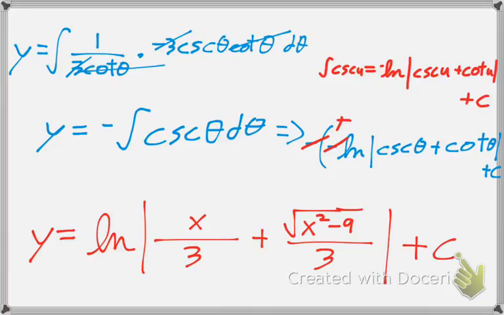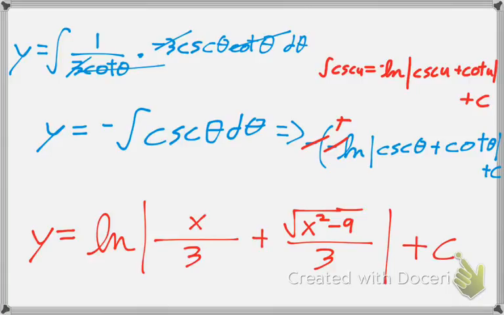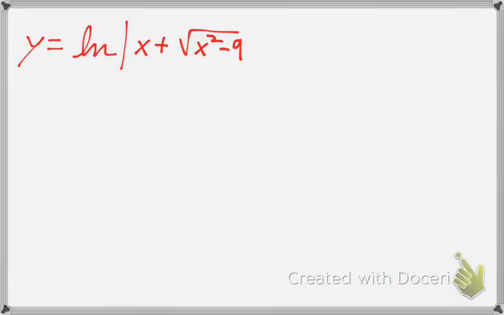Now we'll plug in our original conditions, and let's streamline that a little bit. When we're taking logs, if we're dividing inside of the log, we can just turn that into another log like this: natural log of x plus the root of x squared minus 9, minus ln of 3, plus c.